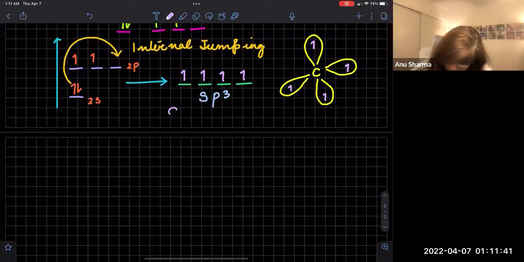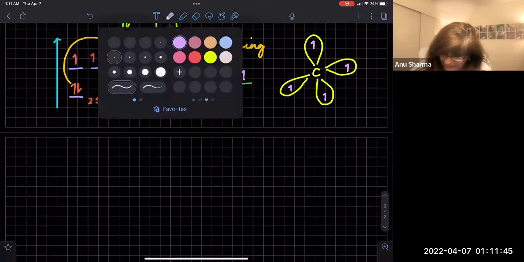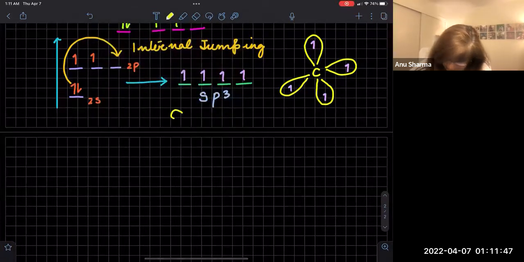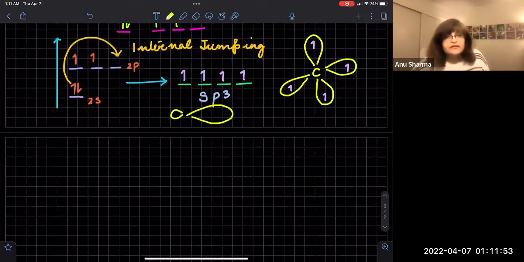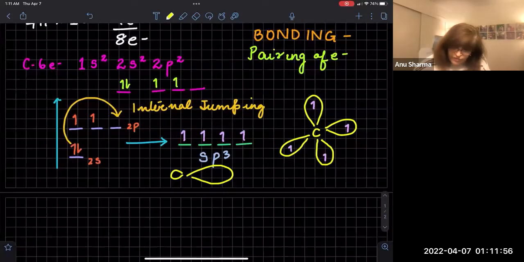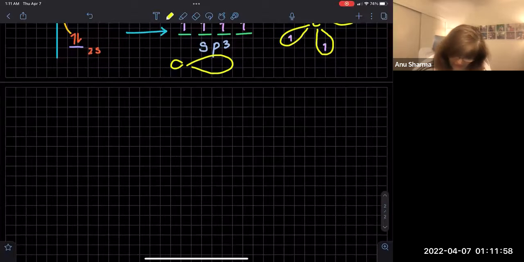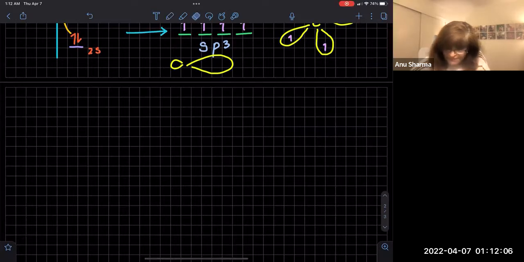Each hybridized orbital has a little bit of the s character, but a very broad p. The p is very big, thick. Normally you have the p's very thin like that. That's the px.